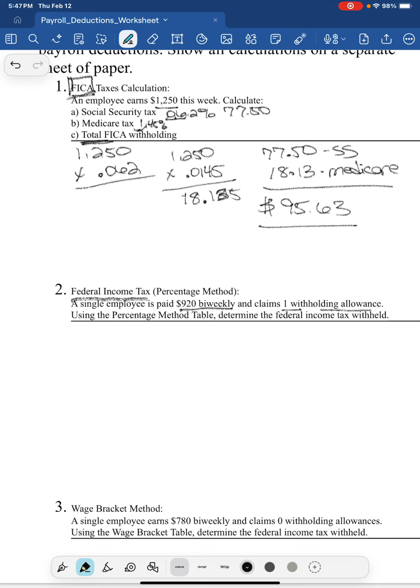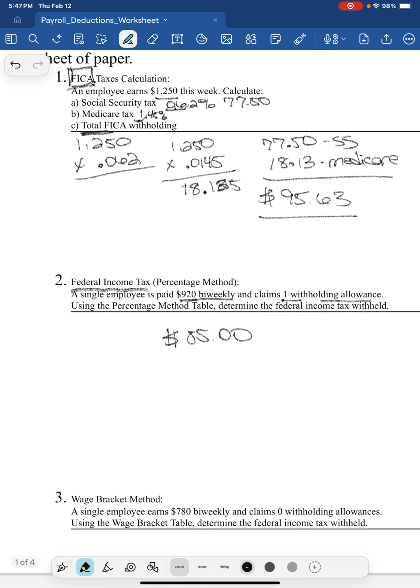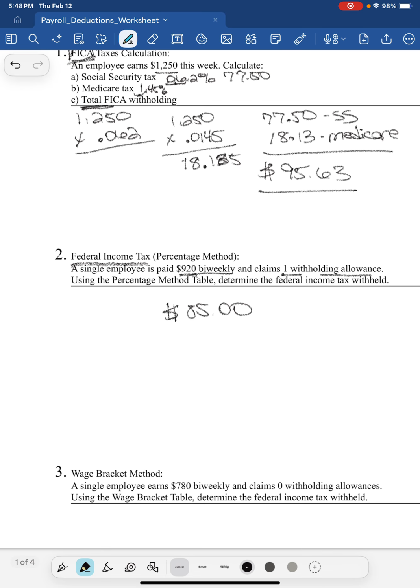So this person makes 920 biweekly and has 1 withholding allowance. All you have to do is pull the total off the chart, which for that is $85. This person gets $85 taken out for federal income tax. Again, go to your module to be sure you can see the chart and know what I'm talking about, because that is very simple.